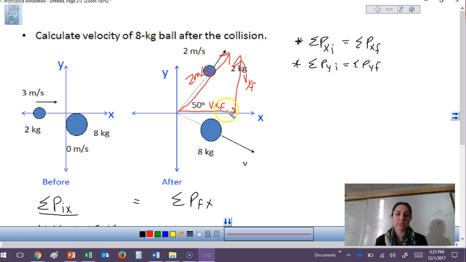To get Vfx right here for the first mass, notice that this is next to our angle, so this will be a cosine. So Vfx is going to be 2 meters per second times the cosine of 50 degrees, because we want just the horizontal part of this. Now you can solve it here and get a number and plug it in, or you could plug it in down here, it doesn't matter.